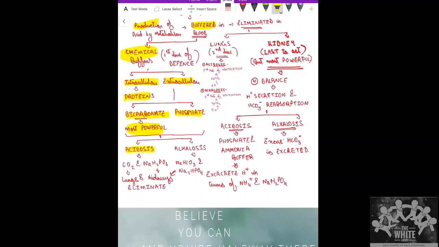We saw how the buffer system acts initially in acidosis and alkalosis. There is production of CO2 and NaH2PO4, handled by the lungs and kidney. The last resort is the kidney. It is the most powerful. To maintain the normal balance, first HCO3 minus gets reabsorbed.